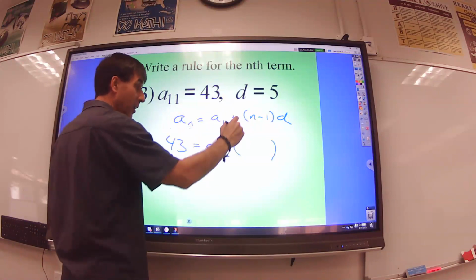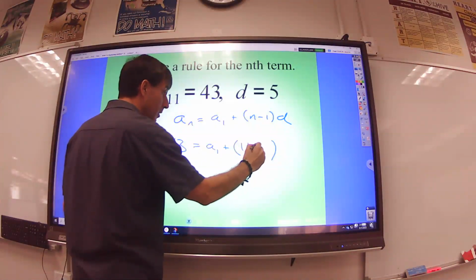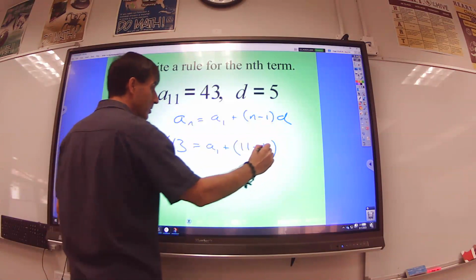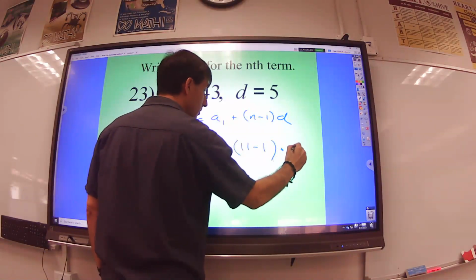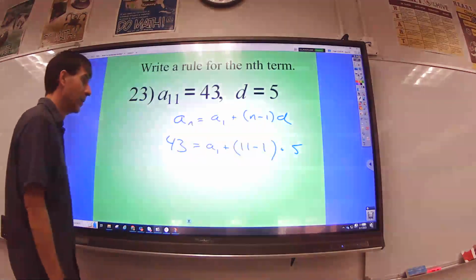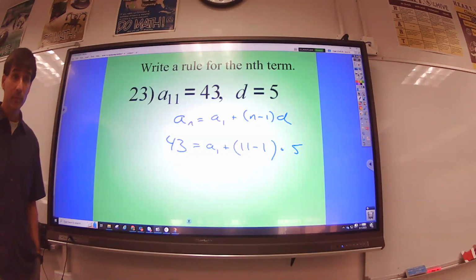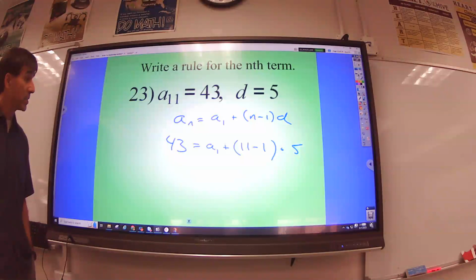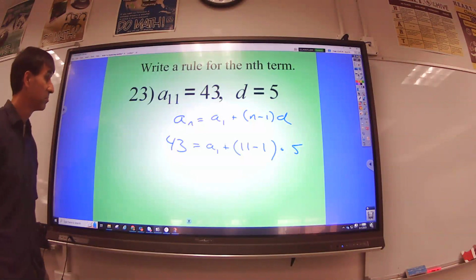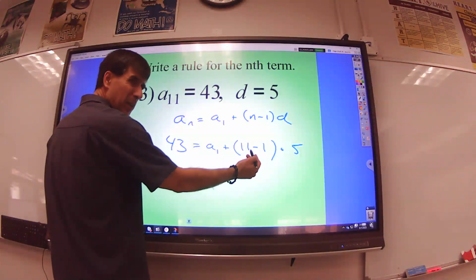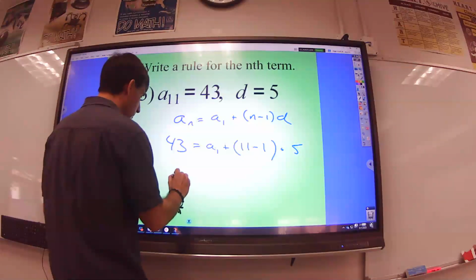So I'm going to put 11 for n, 11 minus 1, times the common difference, which is 5. Now that's going to give me my first term. So we just basically break it down. Parentheses first, right? What's 11 take away 1?